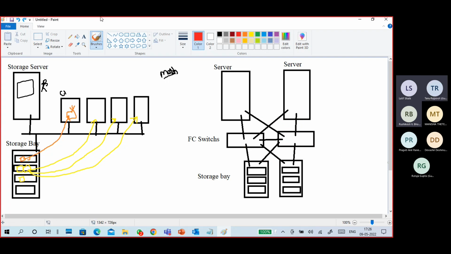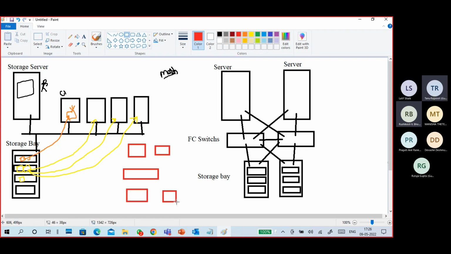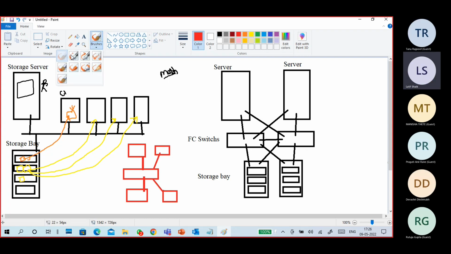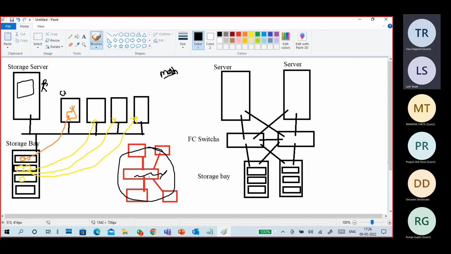In a star topology, if you remember the star topology or regular topology, right? We have a switch, you have computers, and we are connecting to it, right? If in case the switch is damaged, total network failure, right?